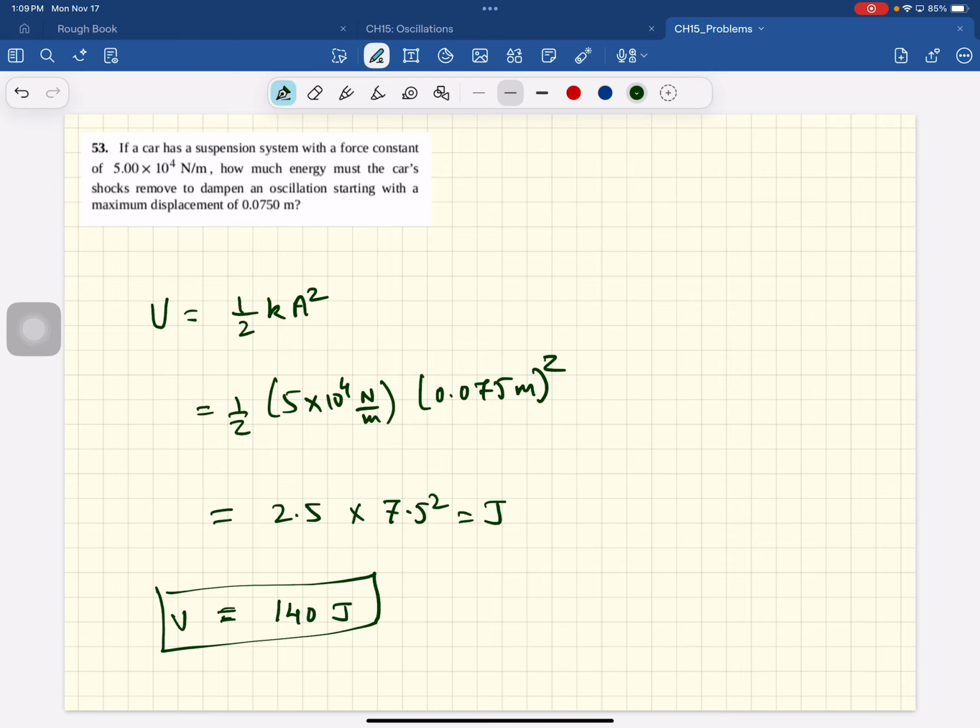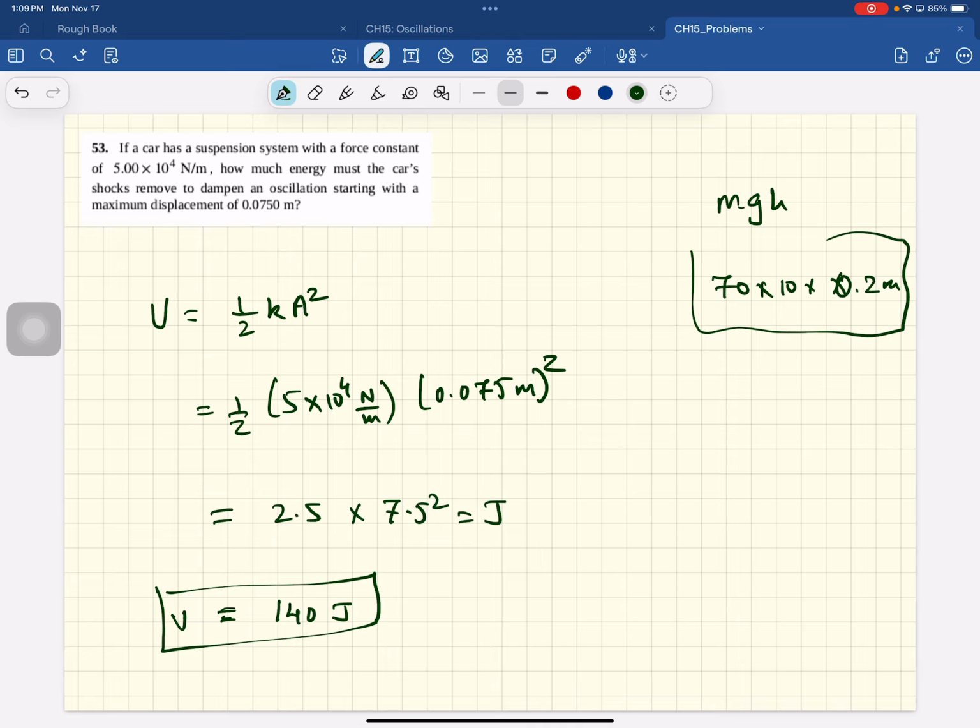To get a sense for how much energy this is, let's say mgh will make you jump. Let's say your mass is 70 kg, which is reasonable. 70 times g, which is 10, is 700. Then times 0.2 meters.